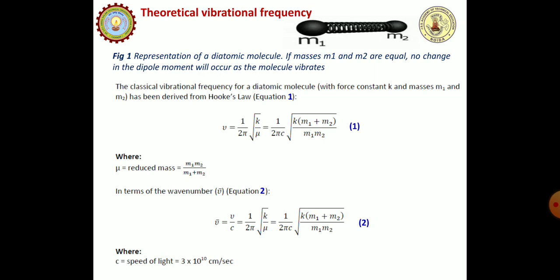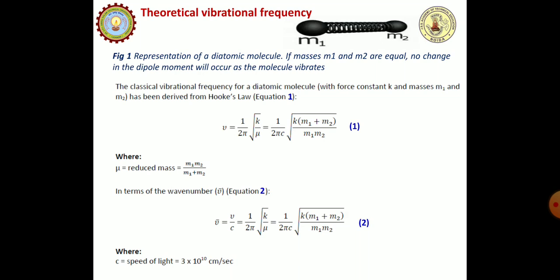If the molecule has a permanent dipole moment while vibrating, that molecule is called an infrared active molecule. An infrared active molecule will absorb infrared radiation and give an infrared spectrum. Using that spectrum, we get the vibrational frequency of the respective functional group.